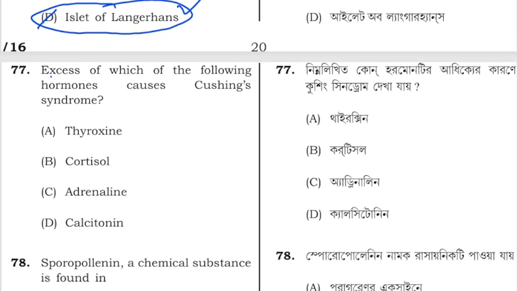Next question says, excess of which hormone causes Cushing syndrome? Options are, A is thyroxine, B is cortisol, C is adrenaline, D is calcitonin. The correct answer is option B, that is cortisol. Cortisol causes Cushing syndrome.